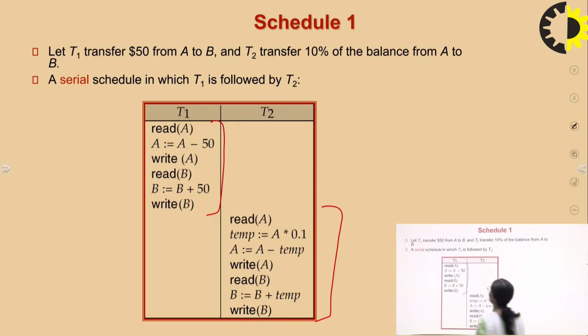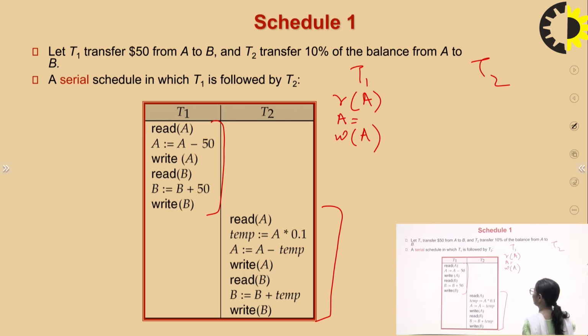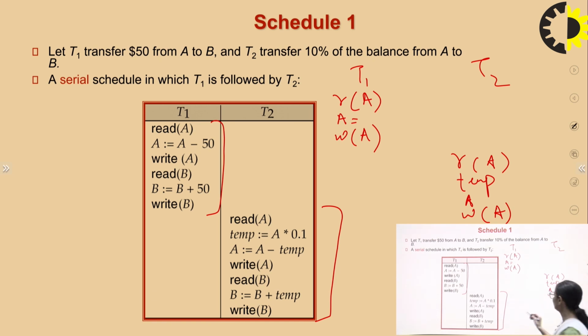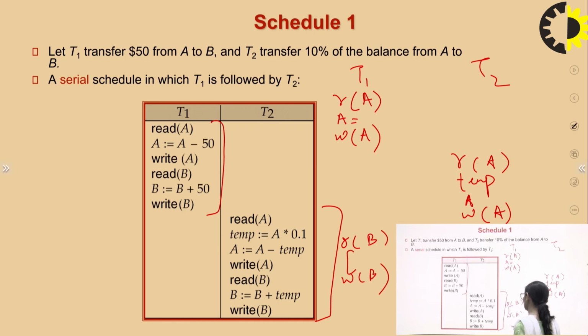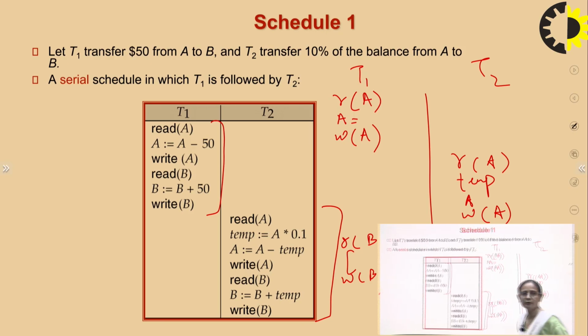But there is an alternative to this. For example, read A, then whatever updates you are doing, and after that, this is my T1 and this is my T2. Again I am doing the processing steps of execution, and after that I complete till write B, and again read B and after that write B. This is again an example of a serial schedule.